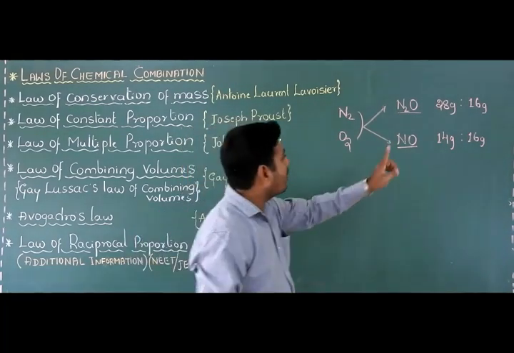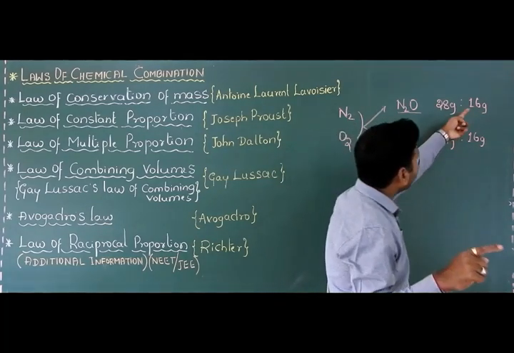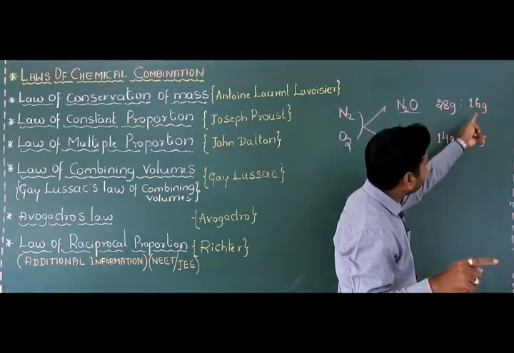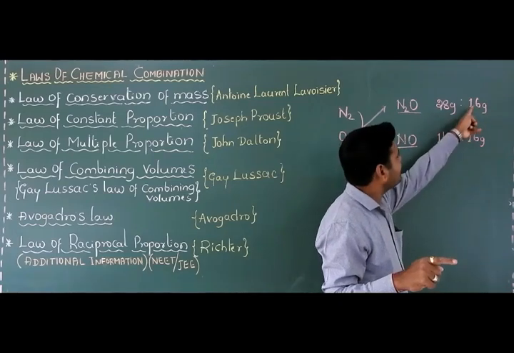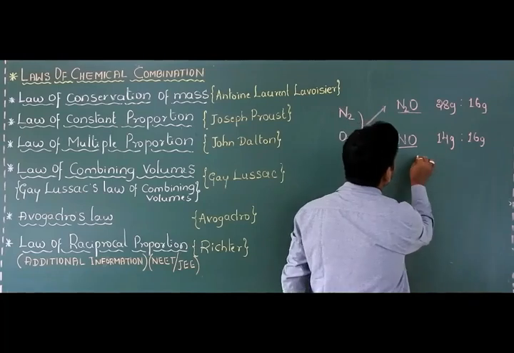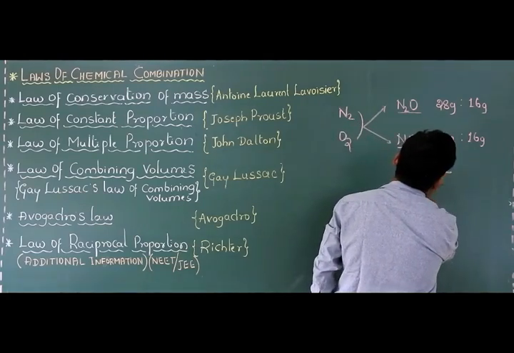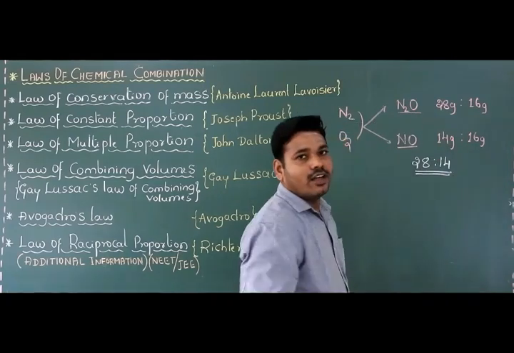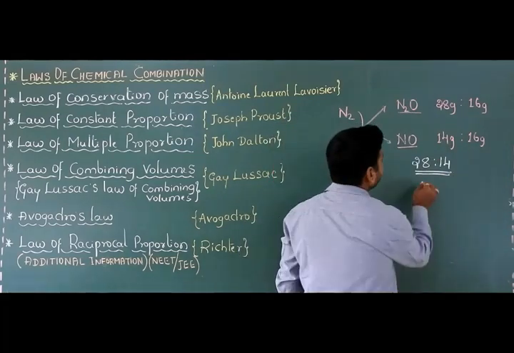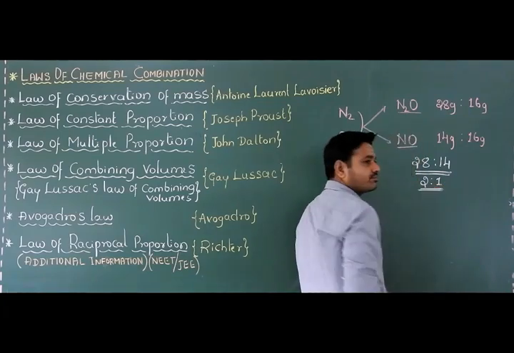The mass of one element that combines with a fixed mass of other element, which bears a simple whole number ratio by mass. So this itself we call the law of multiple proportion, students. Listen to this point carefully.